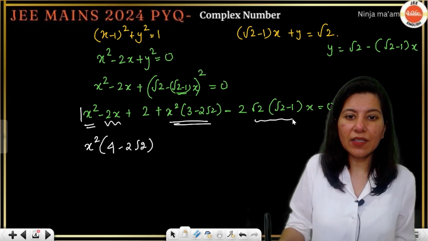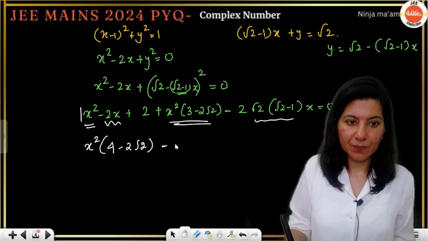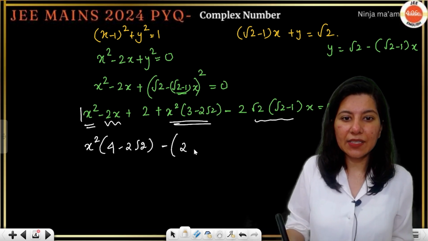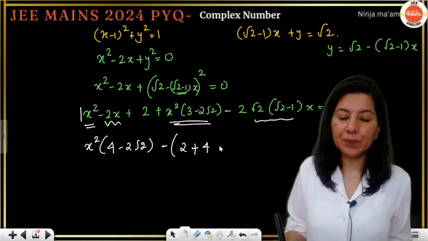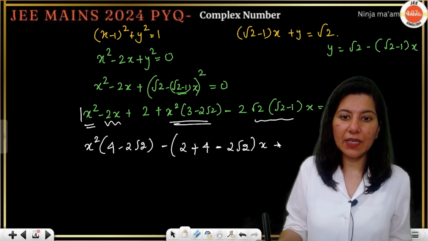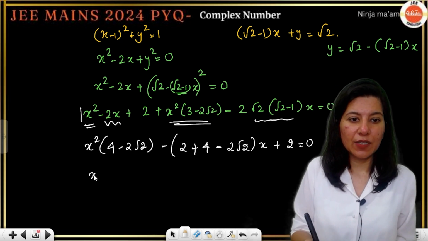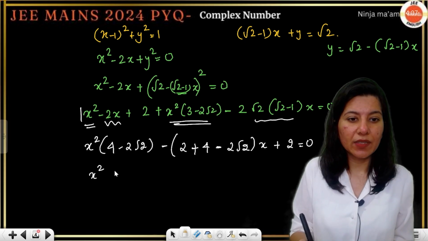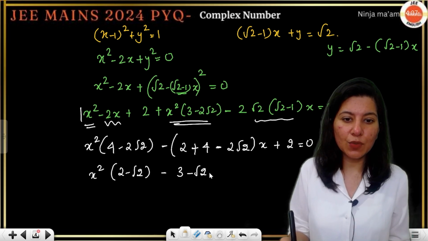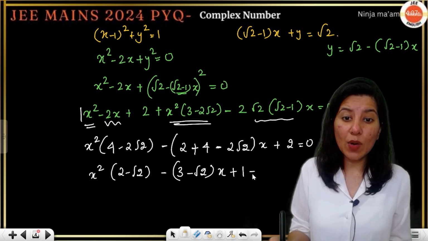Club these two together, so let's take minus 2 common, then multiply, this is plus 4 minus 2 root 2, x plus 2 equals 0. So x square, now let's take 2 common: 2 minus root 2 x square minus, this is 4 plus 2, 6, 2 comes common, 3 minus root 2 x plus 1 equals 0.